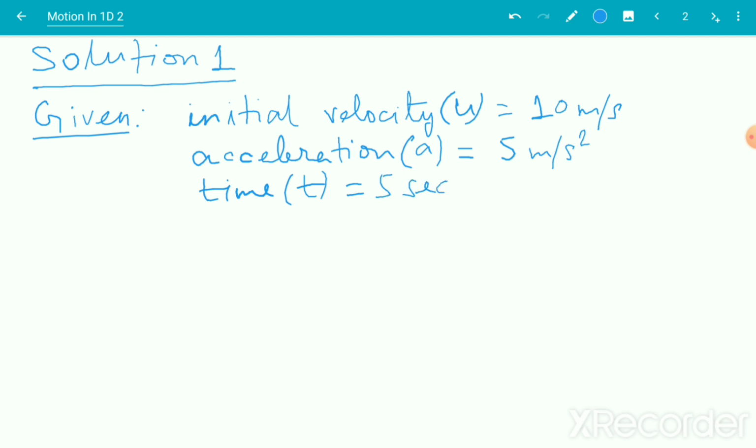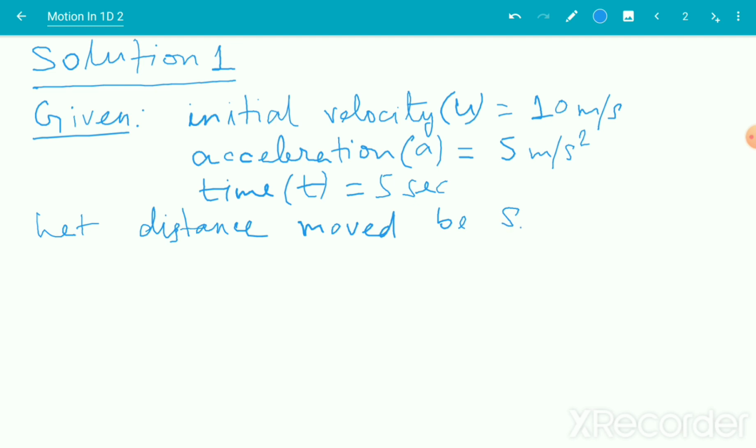Let the distance traveled in these 5 seconds be s.